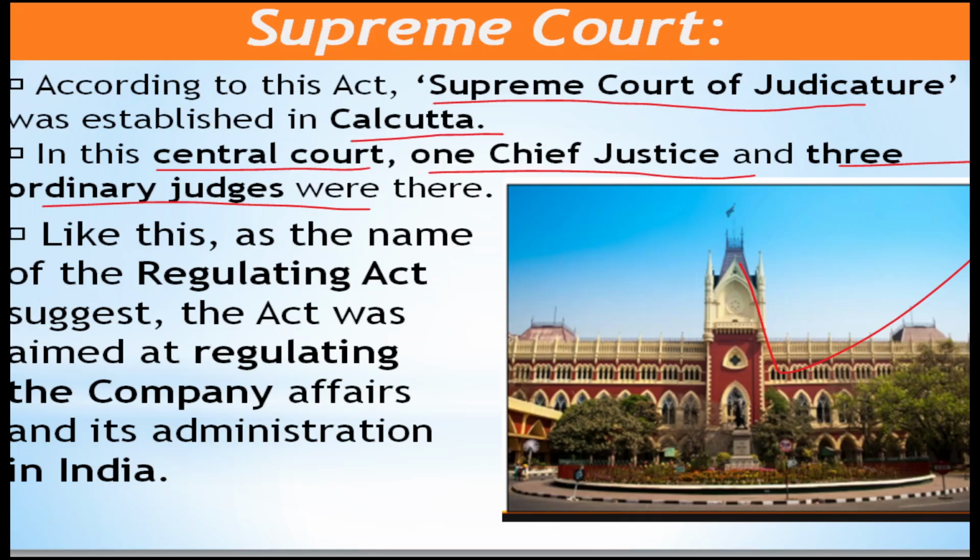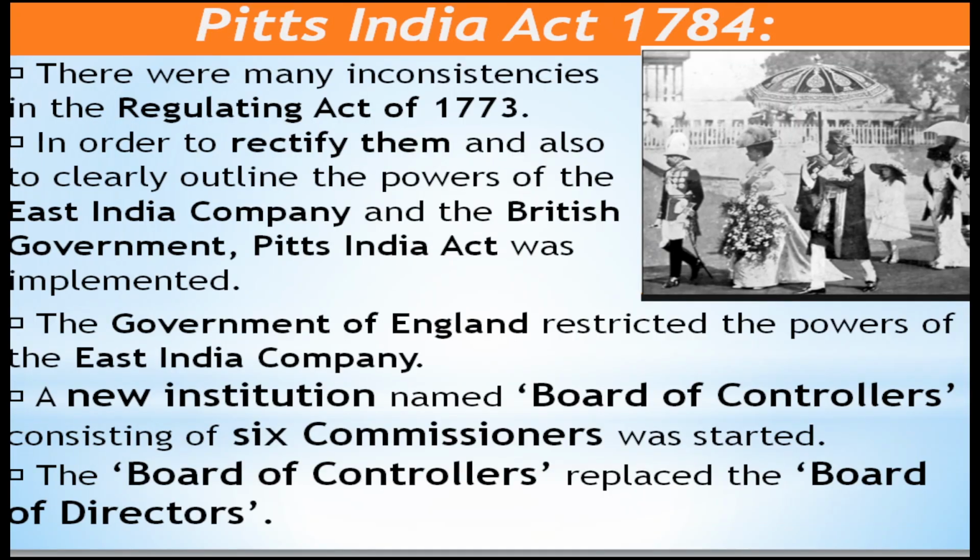The Madras and Bombay presidencies should not enter into war or declare war against anyone, and should not enter into peace. If they want to, they have to take permission from the Governor General of Bengal and the Board of Directors.